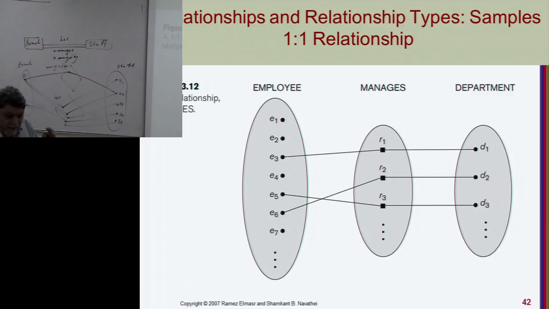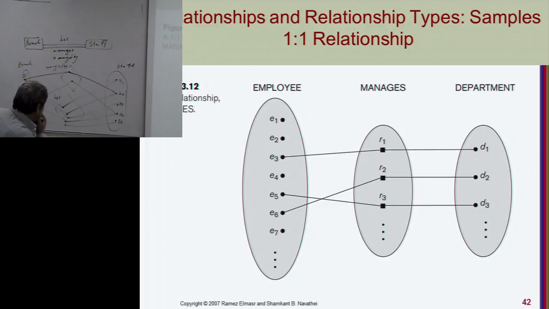This depends on what we call the business rules, the rules of the mini world. Okay, but let me assume that in our case here, it is one of them. Now B2 is managed by, let me assume it's S4. So this is the occurrence diagram for the ERD drawn up there, right?